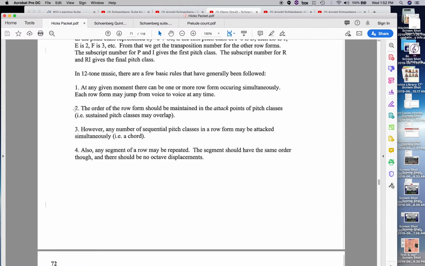Rule number 2, the order of the row forms should be maintained in the attack points of pitch classes. In other words, sustained pitch classes may overlap. So let's say we have a row form that goes C, D flat, E flat. Of course these can be in any octave, but C, D flat, E flat.